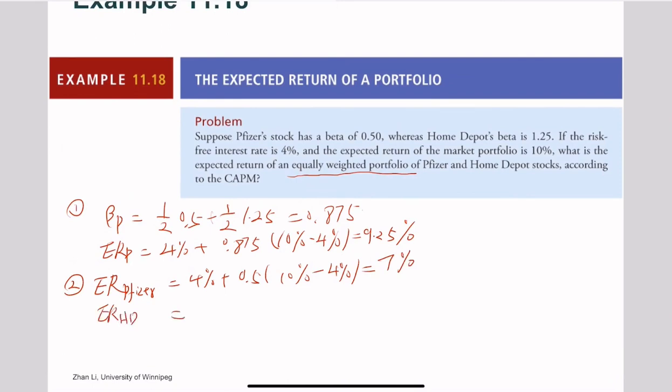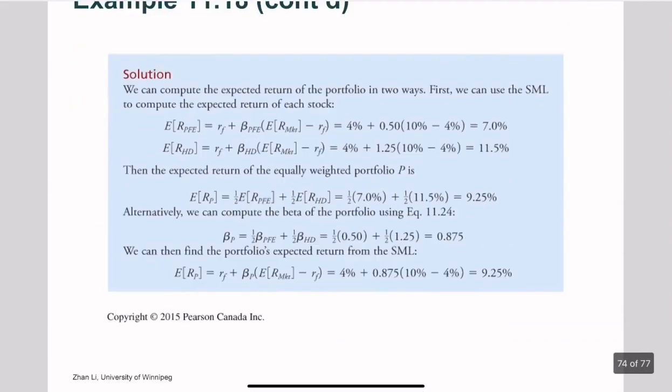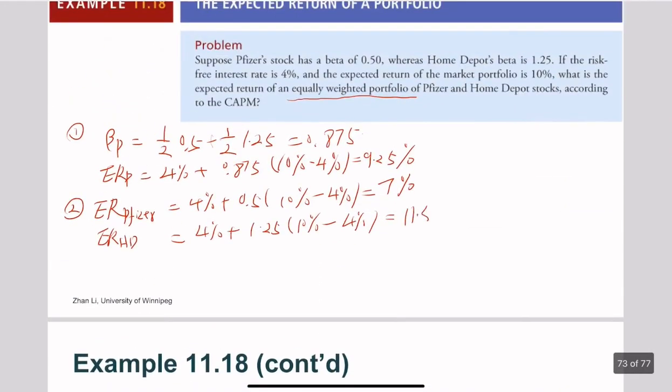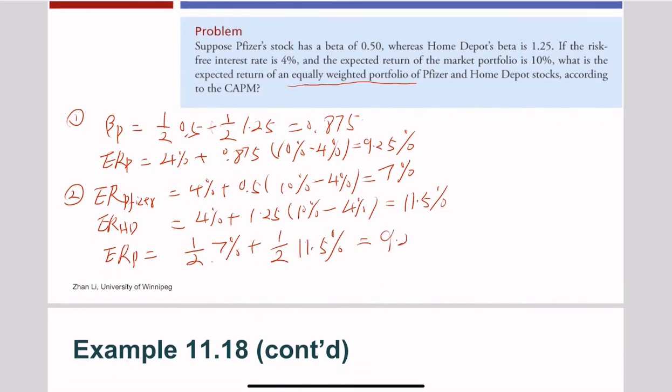Home Depot's expected return is 4% plus 1.25 times 10% minus 4%, which gives us 11.5%. We know this portfolio is equally weighted, so the expected return of the portfolio equals one half times 7% plus one half times 11.5%. This again gives us the same answer, 9.25%.